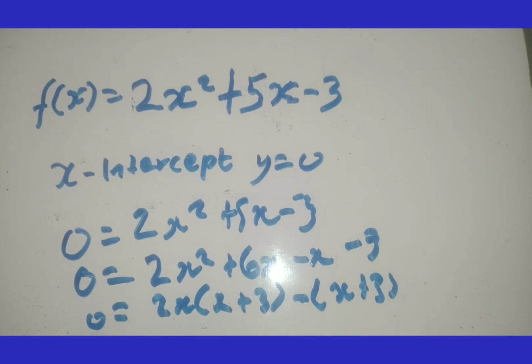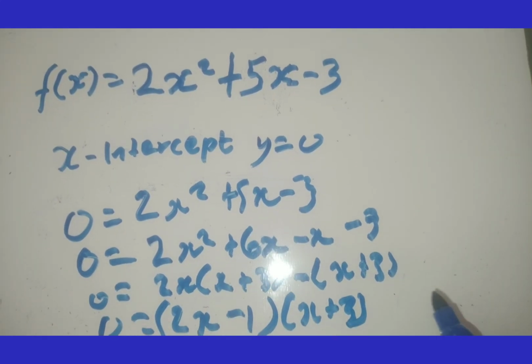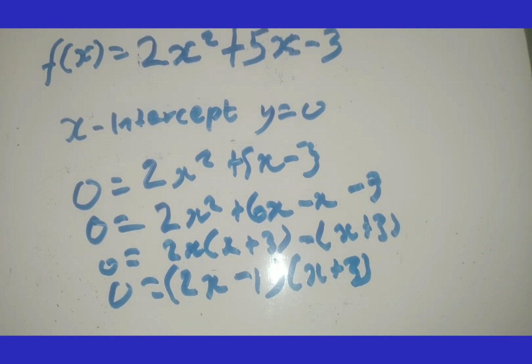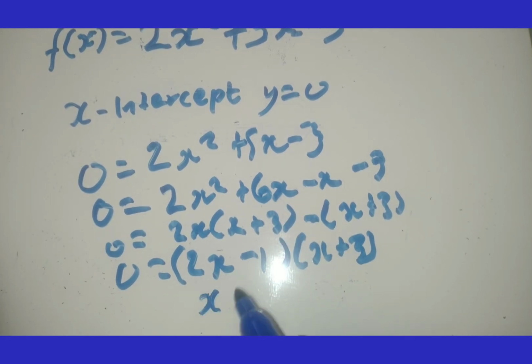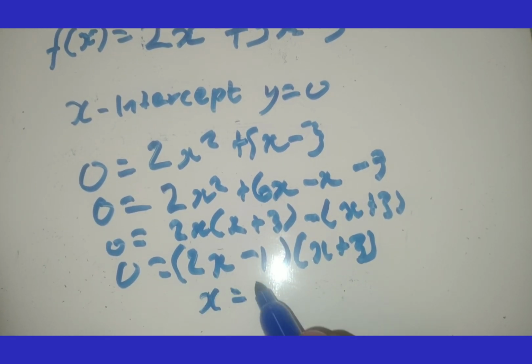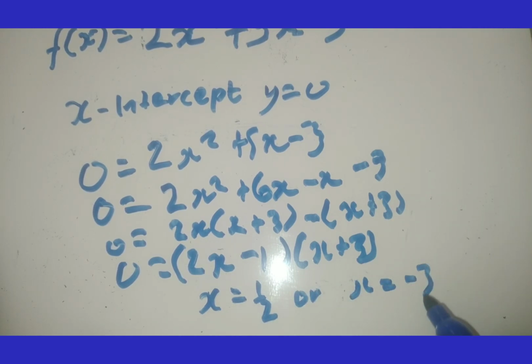So this is going to be 2x minus 1 in brackets, then x plus 3. So we have factorized it. What we needed to do was to factorize so that we can get our x-intercept. So our x-intercepts are x equals 1 over 2 or x equals -3.